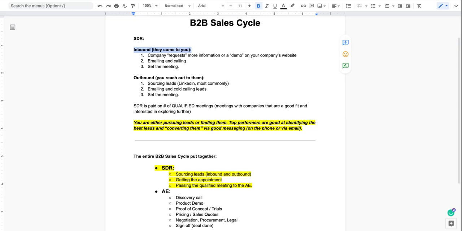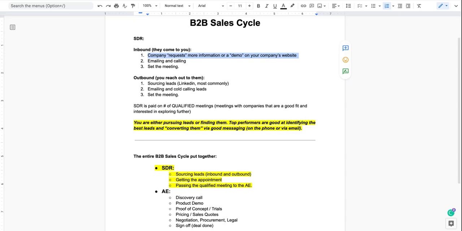So, what ends up happening, for example, is let's say a company is interested in buying or evaluating your company's software. What they'll do is they'll go to the company website and do one of two things. Number one, they'll start to download a lot of content, or attend a bunch of webinars, or they'll request information, or request to be contacted, or in many cases, they'll request a demo on the company website.